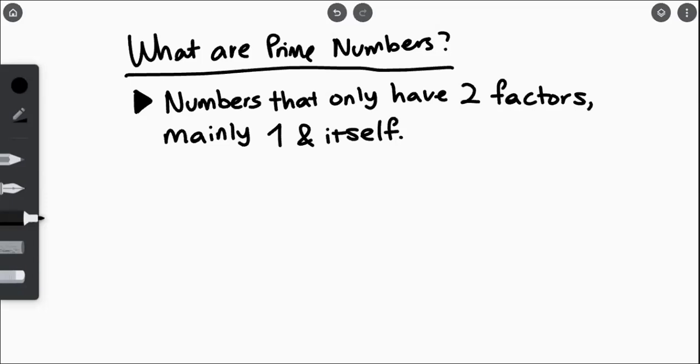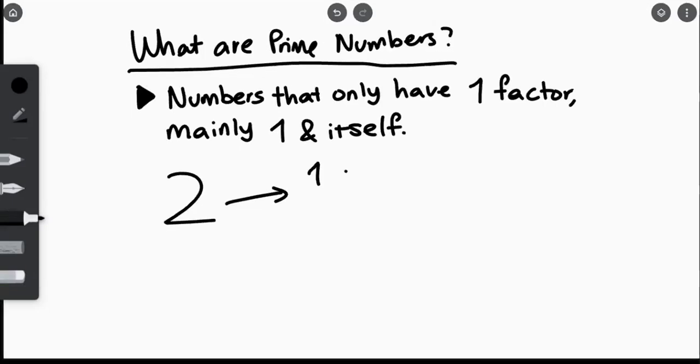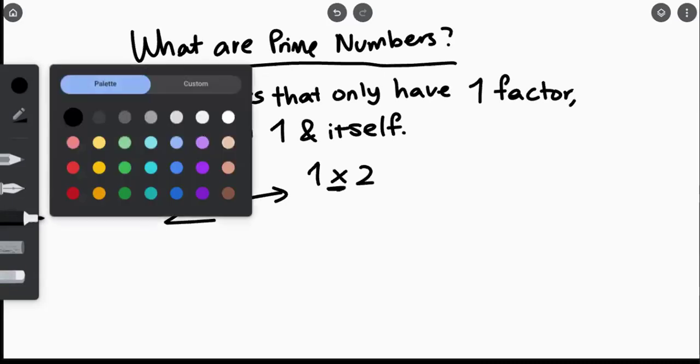Take for example the number 2. What are the factors that you can form with 2? You only have one factor, which is 1 times 2.